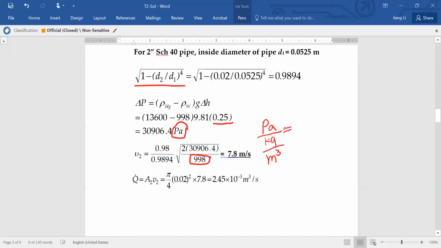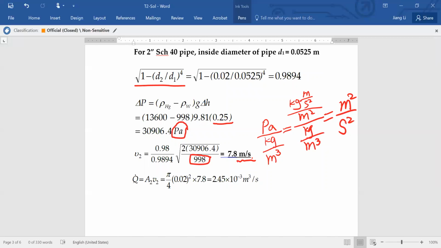If you convert this finally into basic units, Pascal is Newton per meter squared, then over the density. Finally, you will find the units of this term will be meter squared per second squared. So after the square root, it gives you the unit for velocity, meter per second. So this is how to find the velocity.